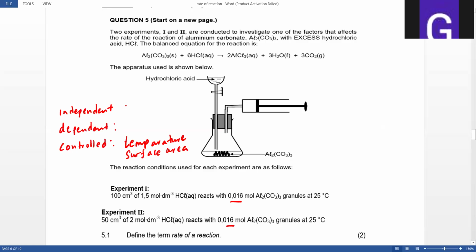So now, what is the independent? Independent here is the concentration. I know it's not part of the question, but I'm just answering it. Then the dependent is the rate of reaction. So this is the limiting, as I said.